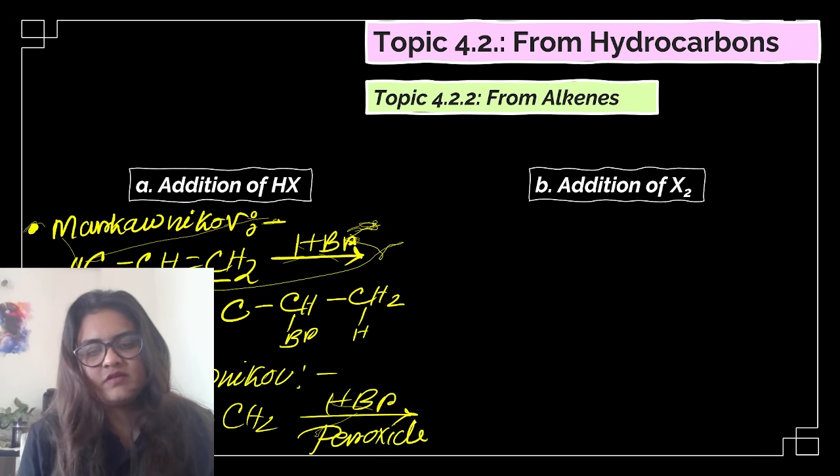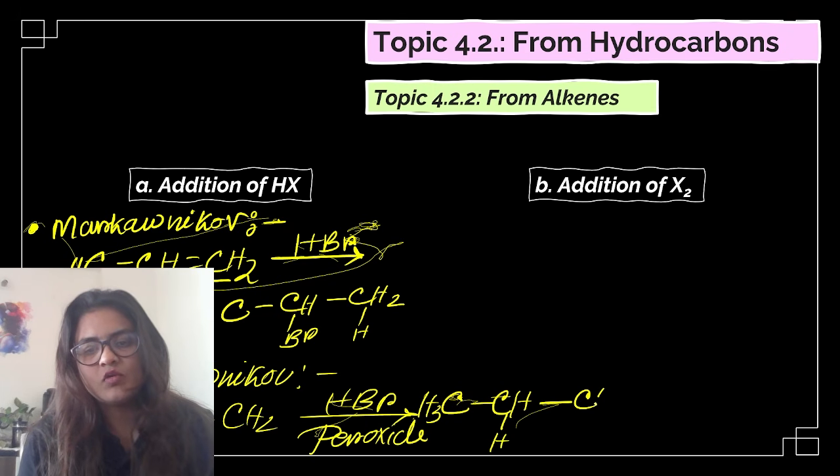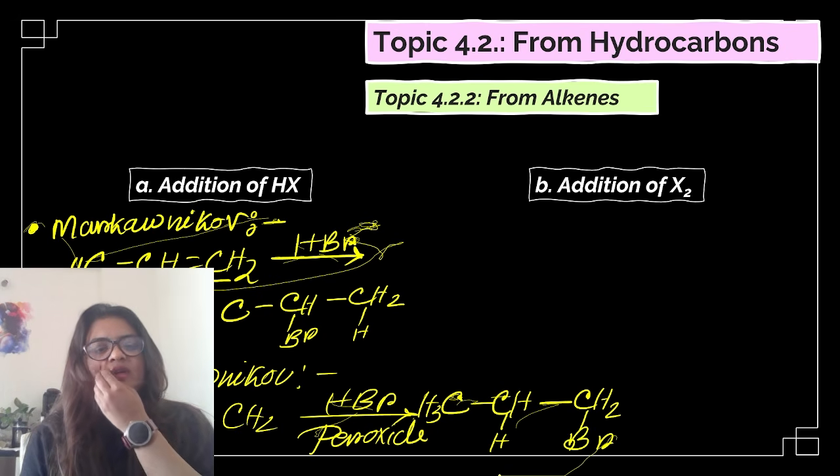Whenever you give peroxide, the reaction will proceed by the radical mechanism, and hence the major product that was there in Markovnikov will be the minor one here. So what will be the major product? You will get something like CH3, CH, this carbon will get the hydrogen, and the carbon that is containing more hydrogens will get the Br. So that is the anti-Markovnikov.